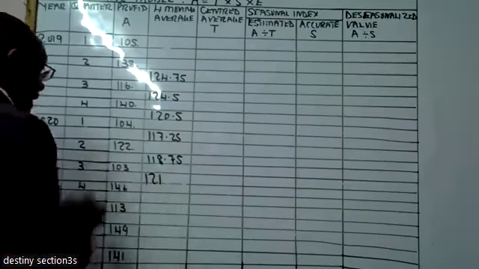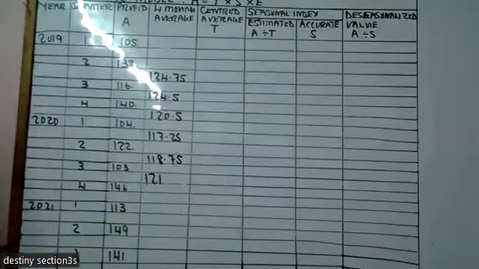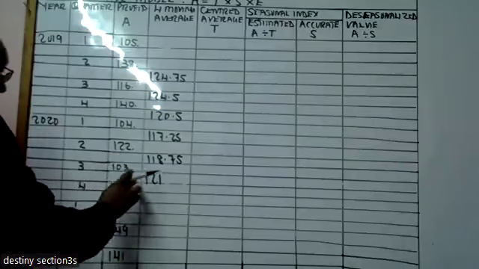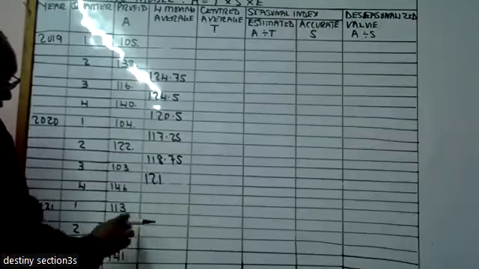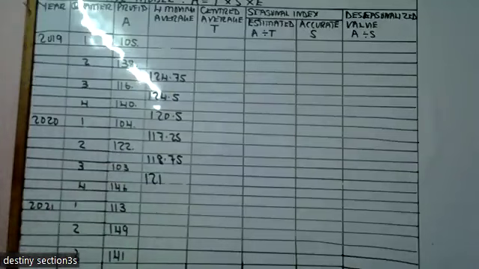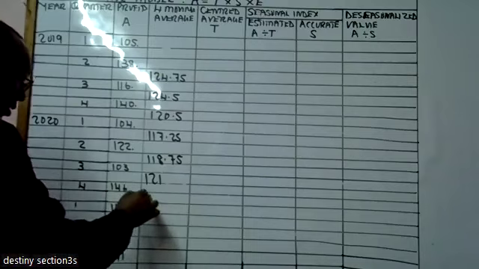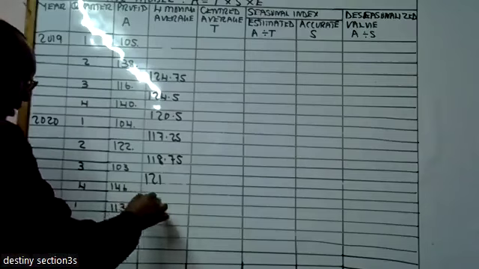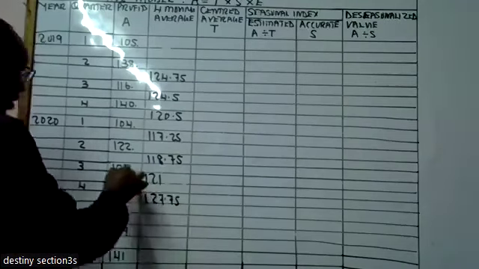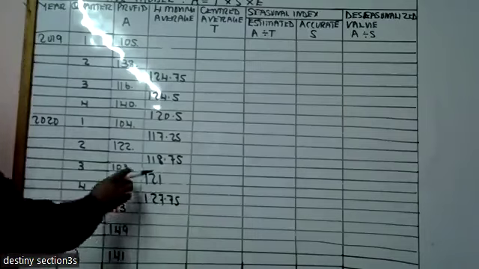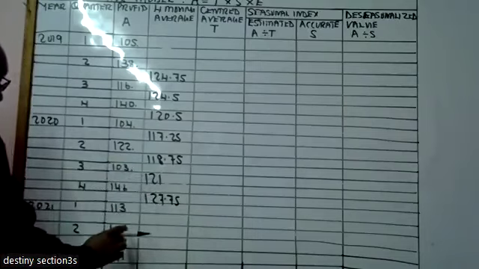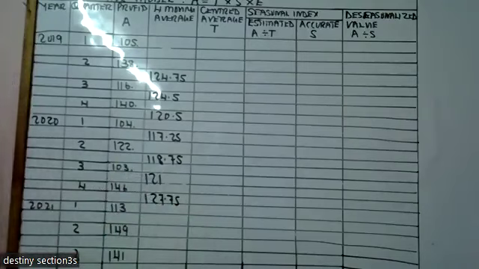Exact. Okay. Then drop 122. Pick 103 plus 146 plus 113 plus 149. Divide the answer by 4. 127.75. Good. Drop 103. Now pick 146 plus 113 plus 149 plus 141.